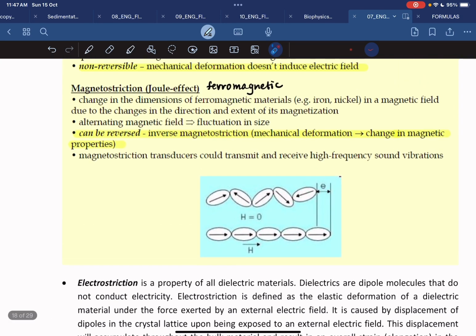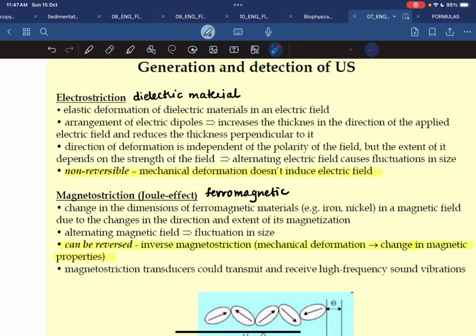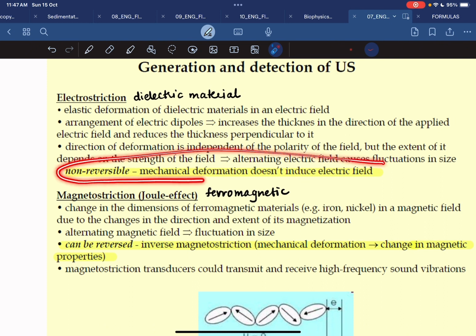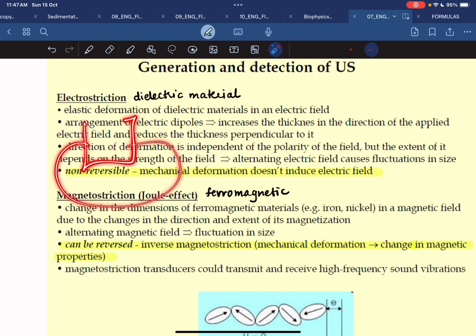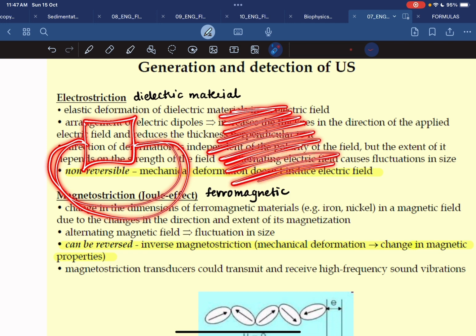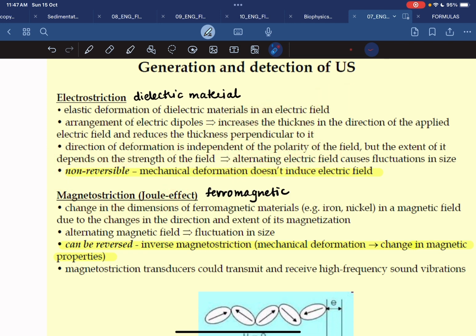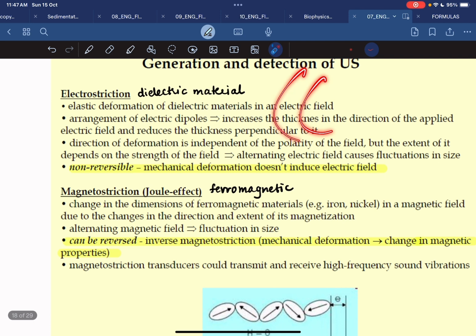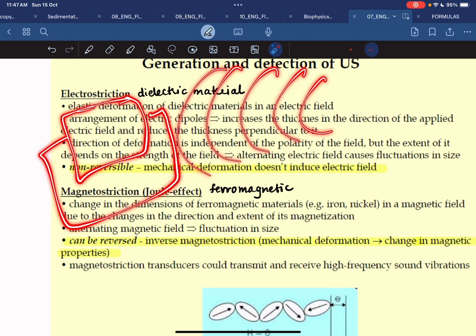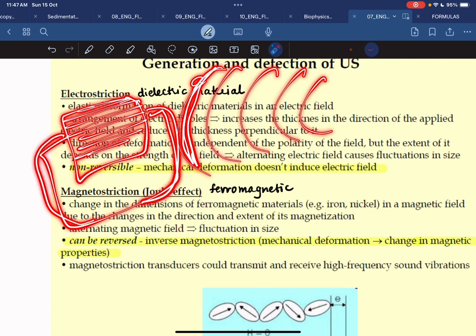So that's how I'm saying that the shape changes. One very important thing to note is that it's a non-reversible reaction. Like the piezoelectric effect, we can pass electricity through it to make it vibrate and produce ultrasound. But we can also pass ultrasound through a piezoelectric material, and because of the shift due to the pressure of the sound waves, it produces electricity to calculate in a machine what the ultrasound is trying to tell us.